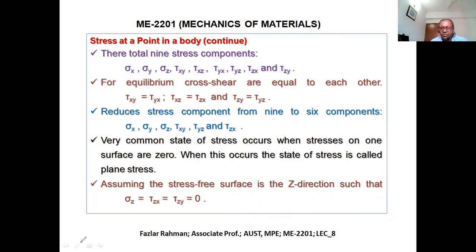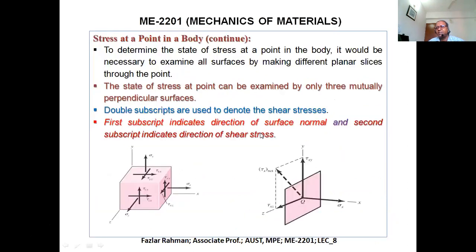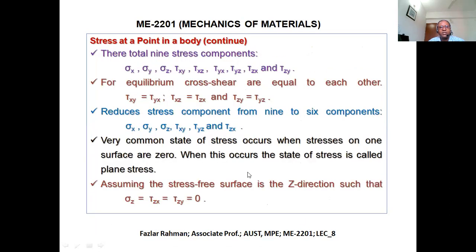Now, what is the definition of plane stress? Plane stress definition: there will be no stress along the z-axis, only the other two axes. If I consider this a plane stress, then along the z-axis all the stress has to be 0. So among these 6 stresses, sigma z will be 0.